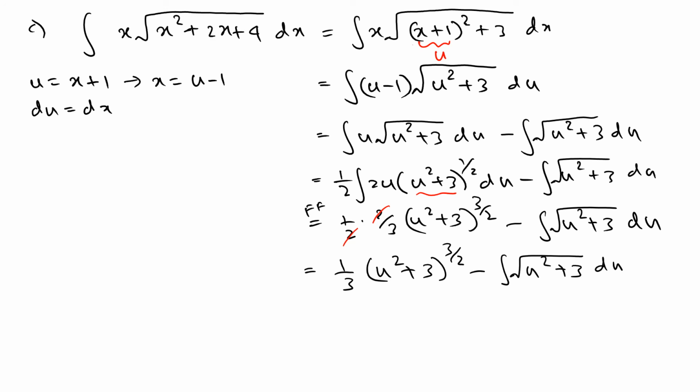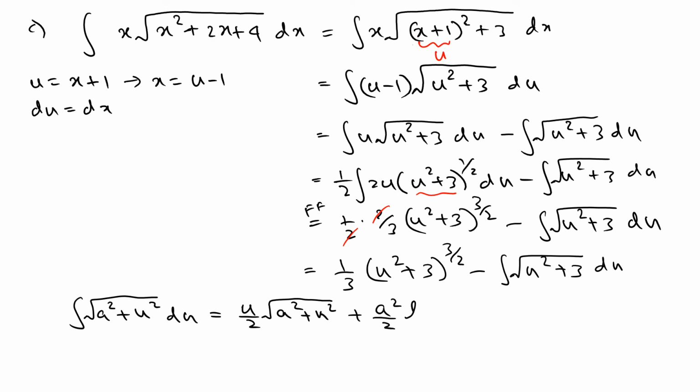So the formula says the integral of the square root of a squared plus u squared du equals u over 2 times the square root of a squared plus u squared, plus a squared over 2 times natural log of u plus the square root of a squared plus u squared, plus c.